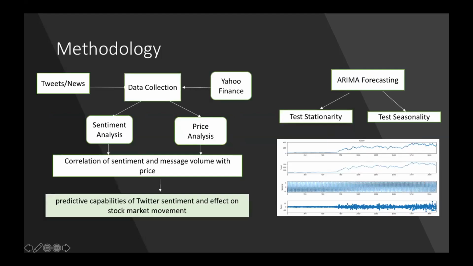You can look at the screen to see the workflow of my analysis. For the tweets and news analysis, the first step is data collection, then I do some sentiment analysis, then I merge with price analysis to find the correlation of sentiment and the price, and then I make the prediction.